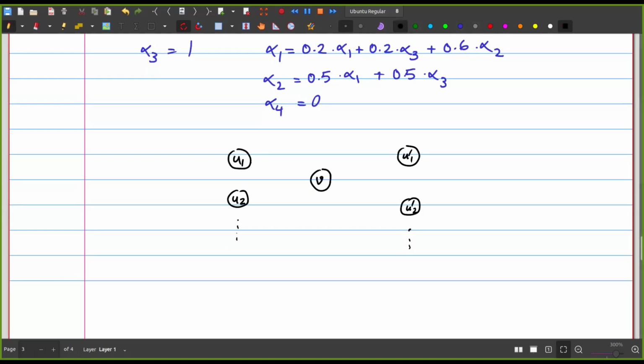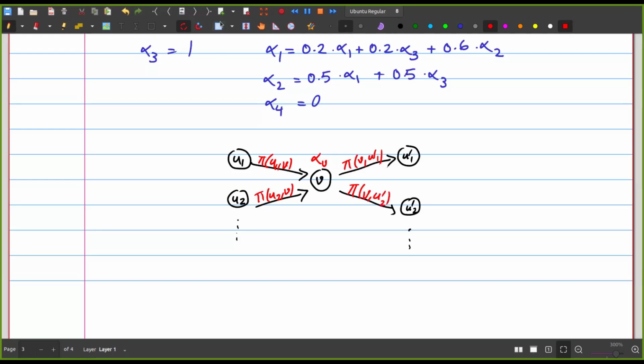Now, there are edges from predecessors to V and from V to its successors, of course. And I'm defining one variable alpha of V here, right? And each of these edges has some probability assigned to it. So this one has probability of U1V, this one has probability of U2V, this one has probability of VU prime 1, probability of VU prime 2, and so on.